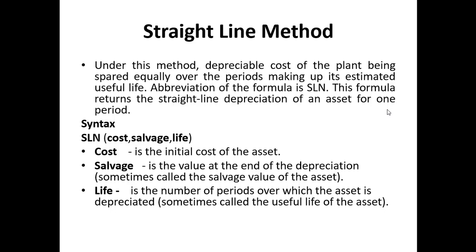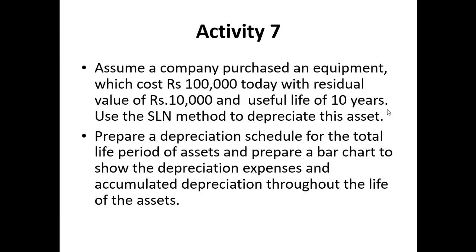So let's move on to the exercise and see how to compute the depreciation under the straight line method. Assume a company purchased an equipment which cost rupees 100,000 today with a residual value of 10,000 and a useful life of 10 years.